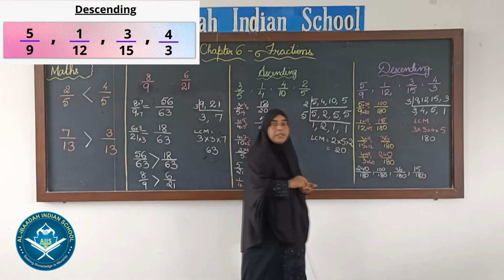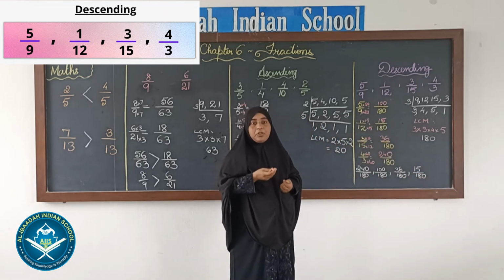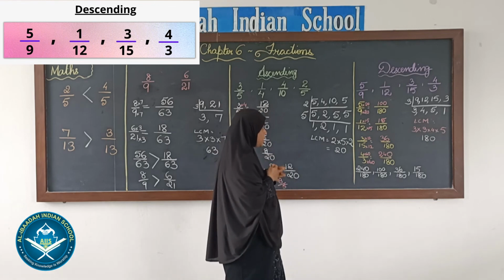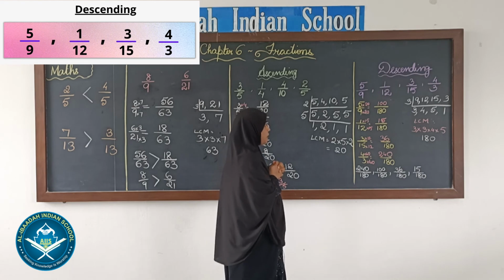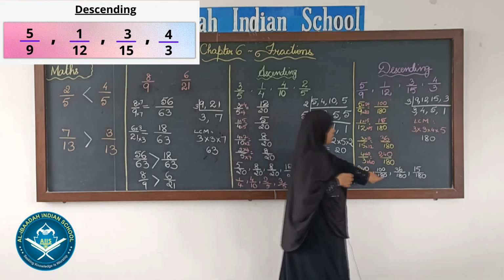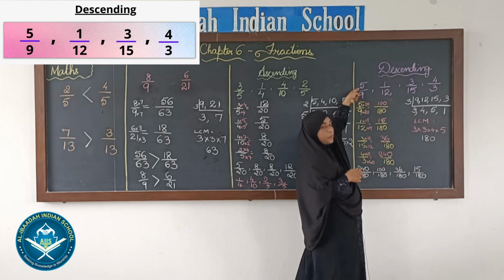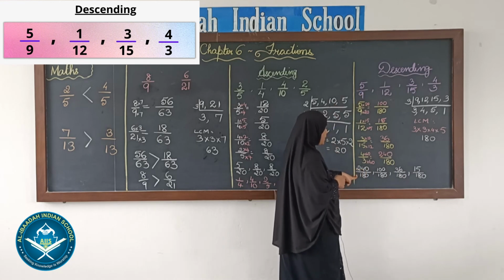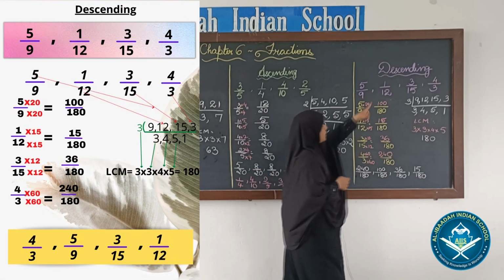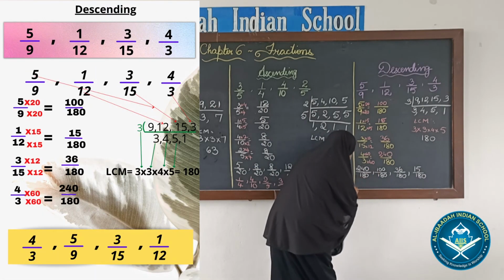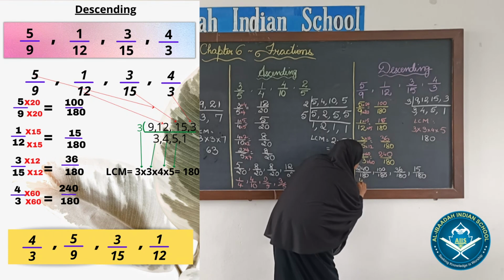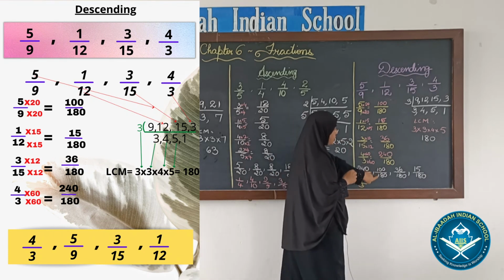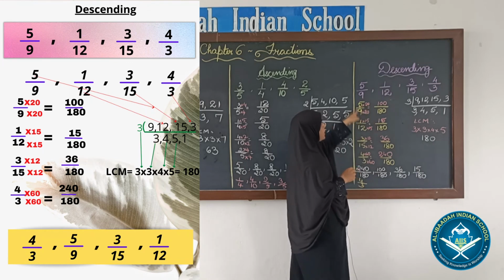See, when we converted it to like fractions, it was easy for us to arrange them in descending order, or to compare them using the same denominators. Okay, now we will change these fractions to their equivalent fractions. Now 240 upon 180 was equivalent to 4 by 3. So 4 by 3 is the greatest fraction. Then 100 upon 180 equivalent to 5 by 9.